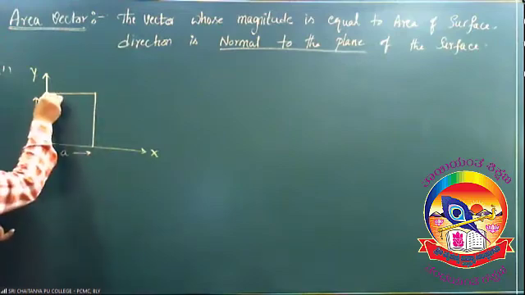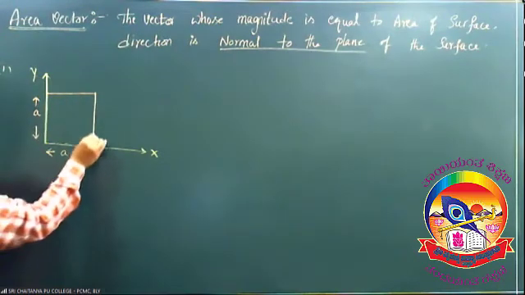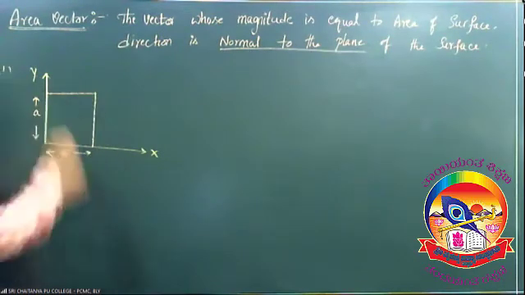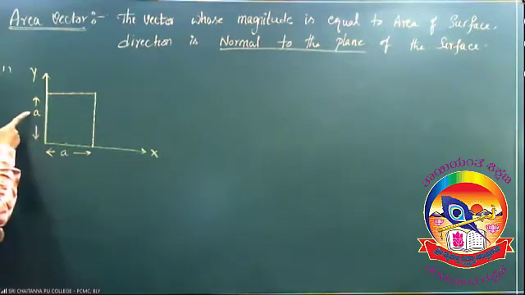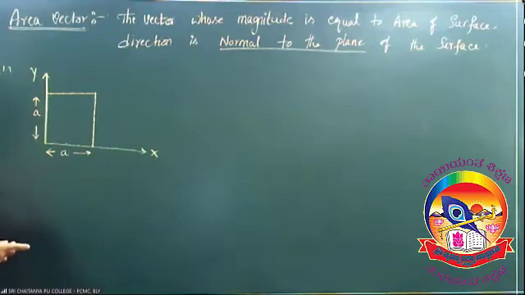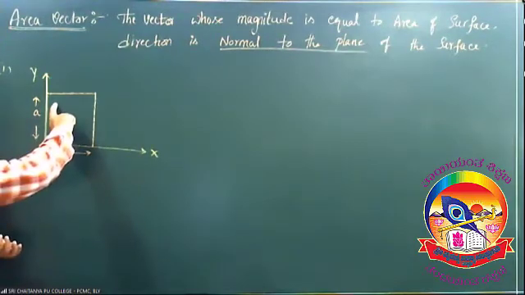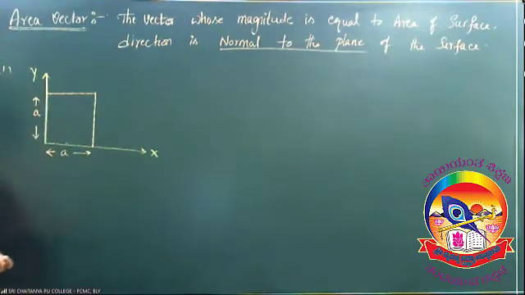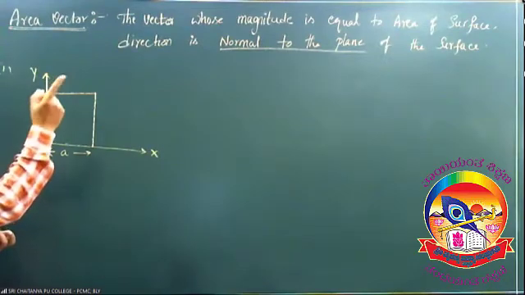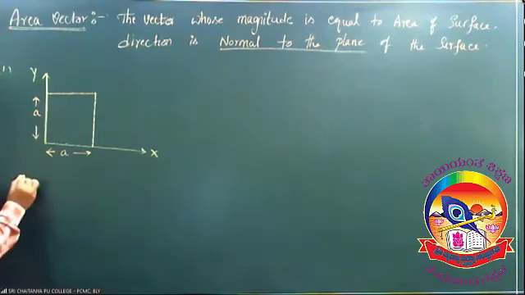This is a surface whose sides are A and A, a square surface. For this, what is the area vector? If you are asked, what is the area vector? From the definition, its magnitude is equal to the area. So area vector we represent like this.